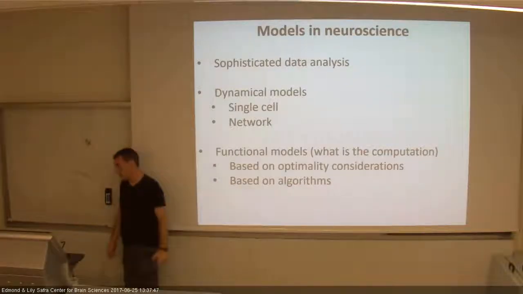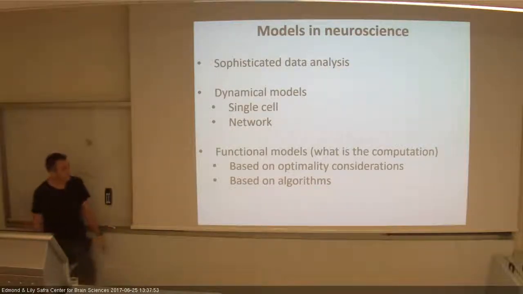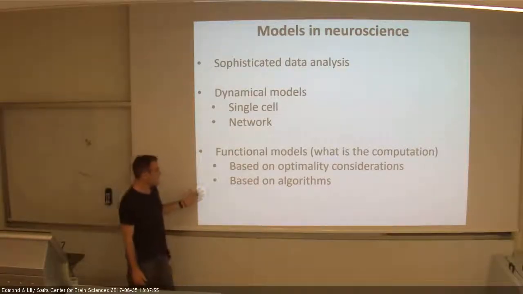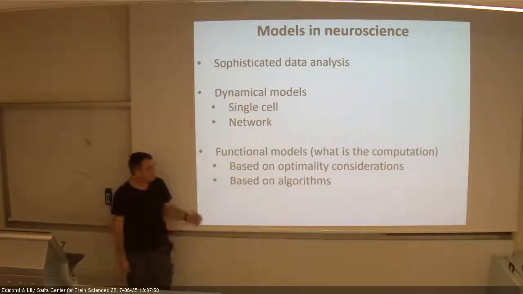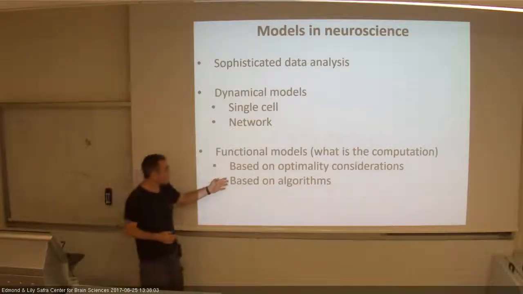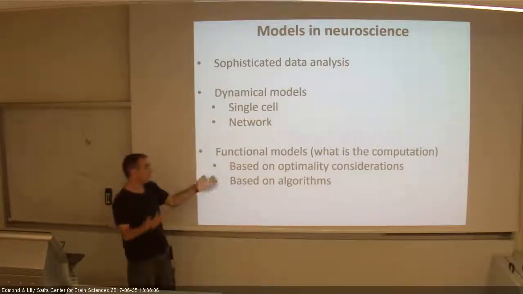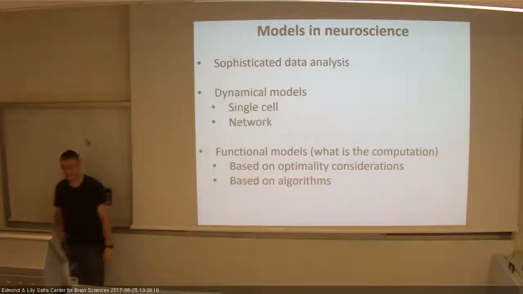Or we go to our friends in the department of computer science and we tell them, look, we have this problem. I don't know, we want to recognize faces, what should we do? And they tell us do this and that. And then we ask them, okay, what would be a signature of this algorithm? And then they tell us, we expect this and that, and then we go and look for it in the brain. Yes?